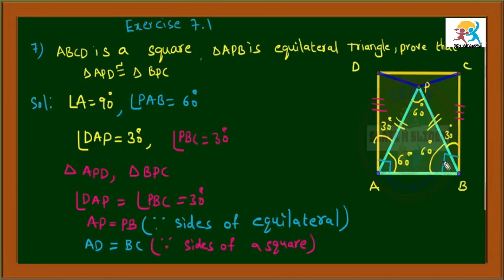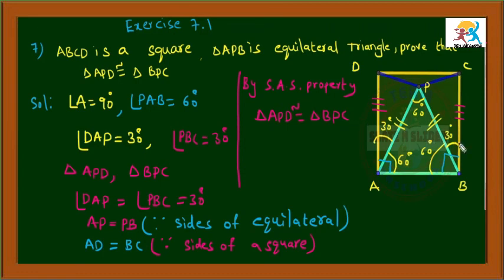So now we got side, angle, side. So by, here I am writing SAS property, triangle APD is congruent to triangle BPC.